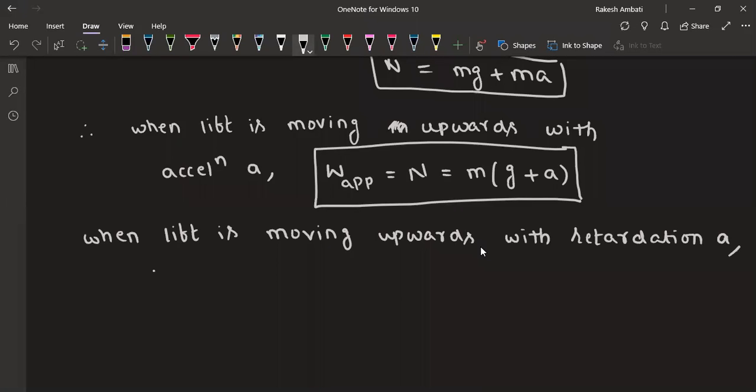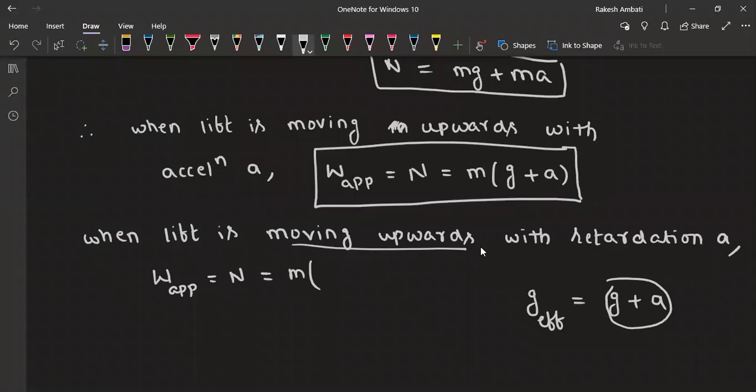Then how do we find the apparent weight or normal force acting on the man? Listen here, the lift is moving upwards, which means, as I already told you, the effective gravity formula is g plus a. Same thing we have to follow here: normal force is m into (g plus a).